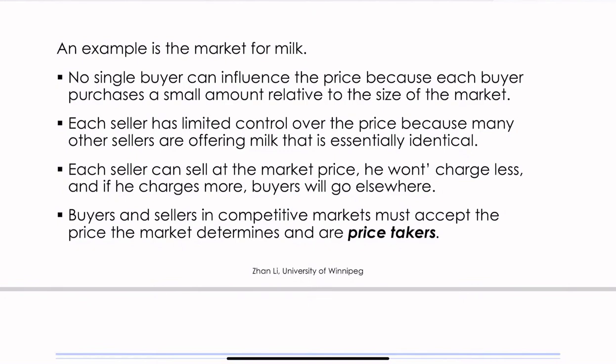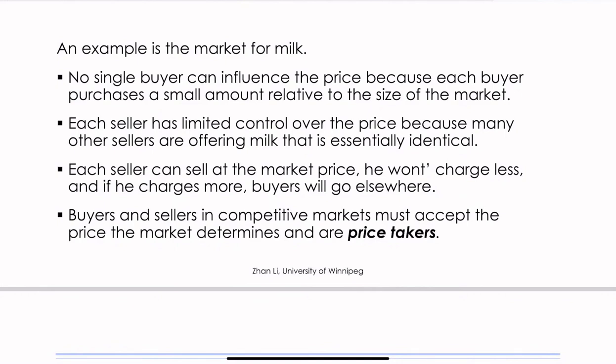In the market for milk, we have so many buyers, and each single buyer will only buy a small amount relative to the size of the market. So this implies that no single buyer can have influence over the market price of milk, right? Then we could talk about this from the seller's perspective.